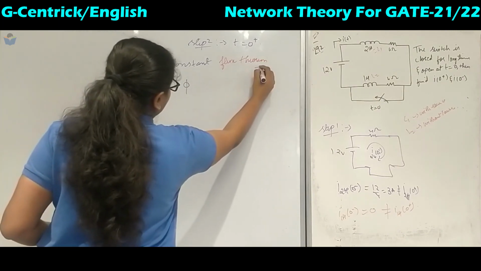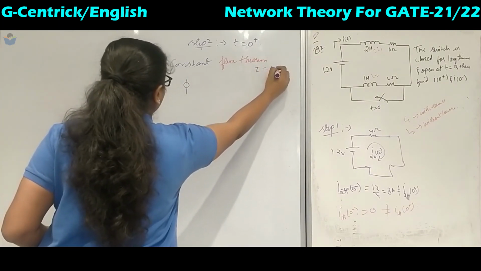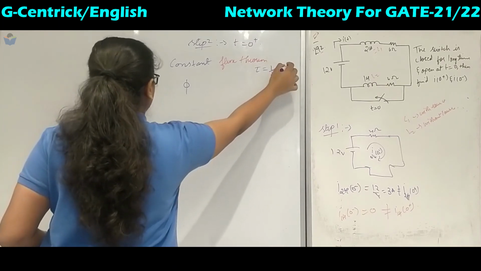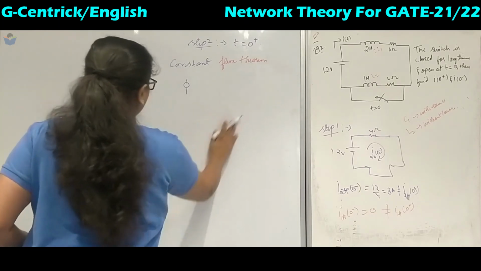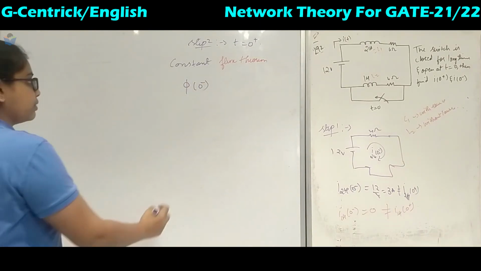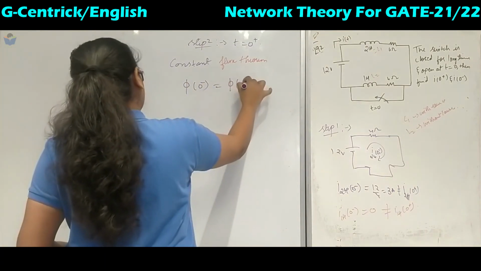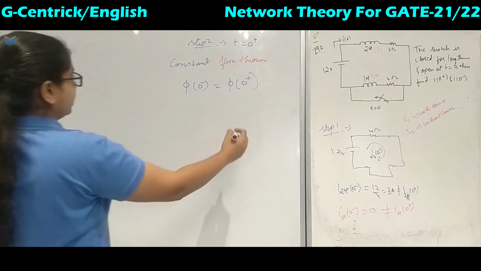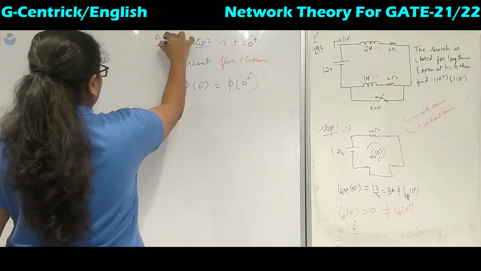Okay, again here also tau equal to L by R is not present, we cannot use the R, so it will be 0. So again phi at 0 minus, the flux at 0 minus, will be equal to that at 0 plus, okay, and the voltage that is here is nothing but impulse voltage.